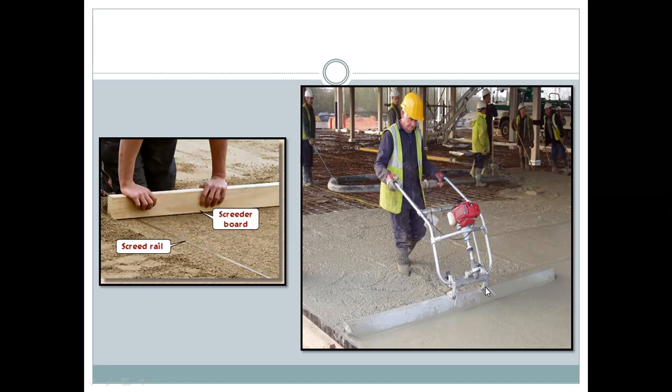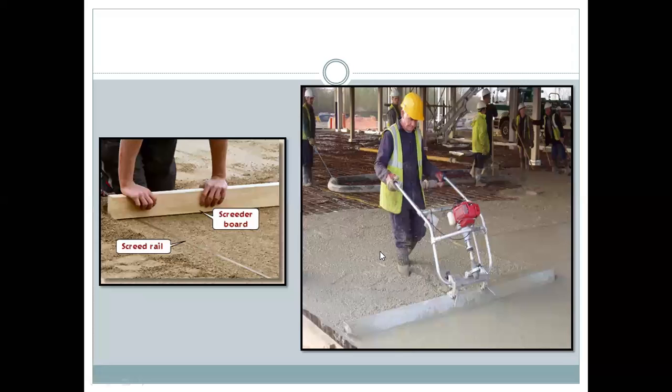The same section but with a single handle is constructed with a steel beam and connected to the handles, and an electric motor is provided so that it can compact and level the surface. So it is known as screeding.